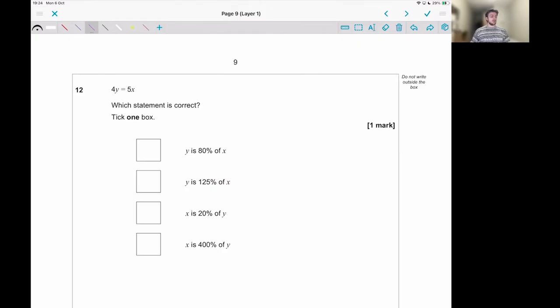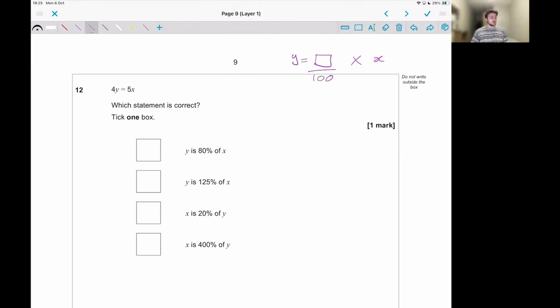Now, the way to work this out is, remember, we would love to be able to write y equals some percent of x. And we know that the of symbol can be replaced with a times. And we know that the percent symbol can be replaced with dividing by 100.